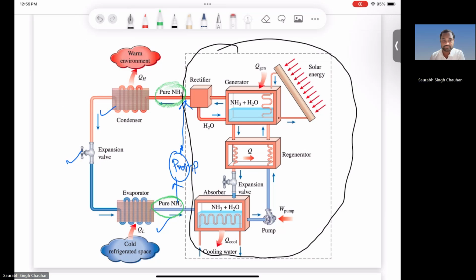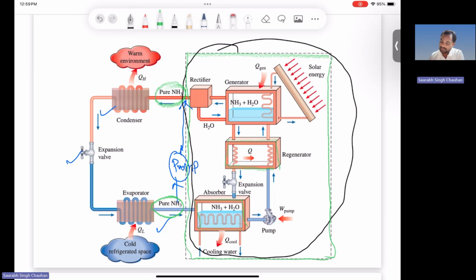The purpose of this whole system enclosed in this dotted rectangle is to provide you the high pressure ammonia. This pure ammonia goes into this absorber, and you get a solution of ammonia and water. This solution is pumped to this regenerator.